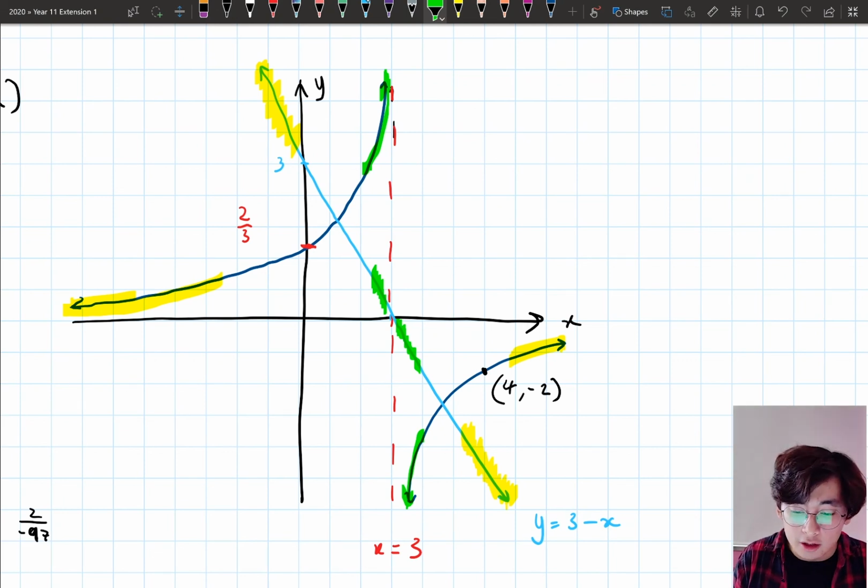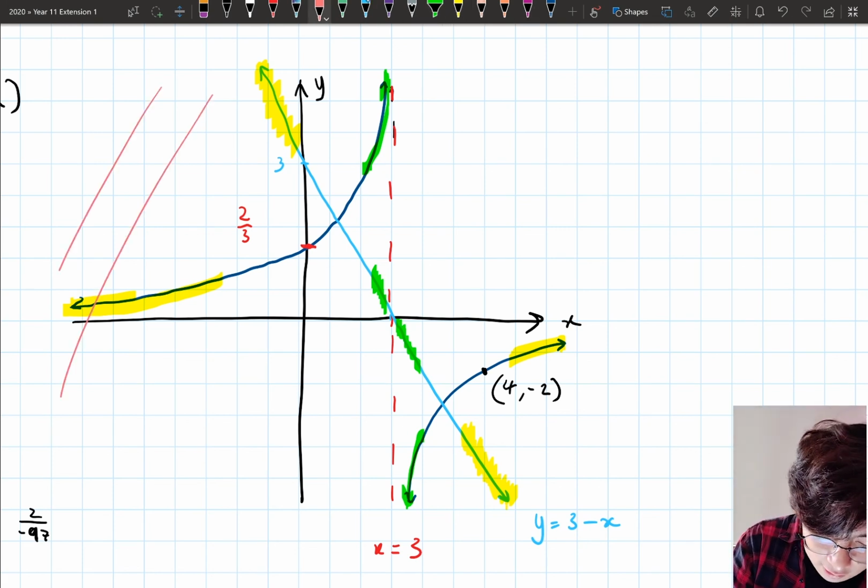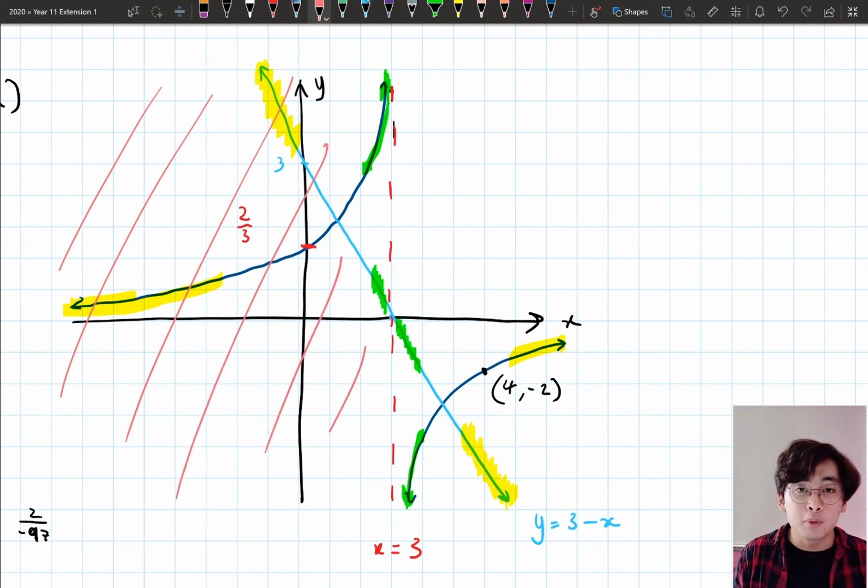Now, the other thing to note is if you have a look on the left-hand side of the red dotted line, our light blue graph, y is equal to 3 minus x, is positive. So everything on this side, our light blue graph is positive, and our dark blue graph is also positive. It's above the x-axis.